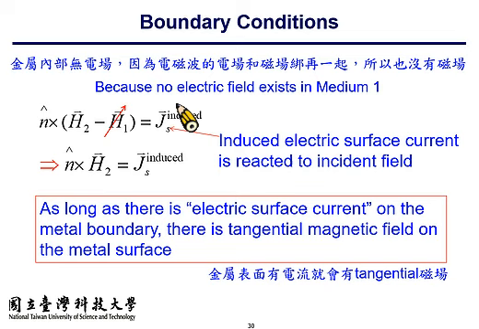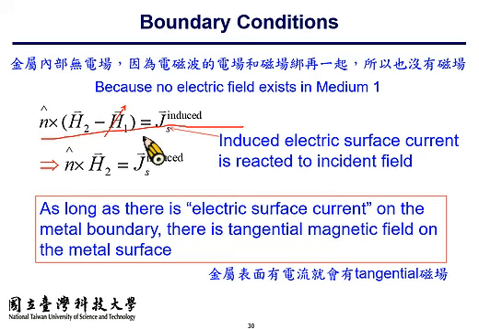So if there is no electrical field intensity within the PEC material, medium 1, you have no magnetic field within medium 1 as well. So H1 goes to 0. Now we are looking into the tangential part of the magnetic field.